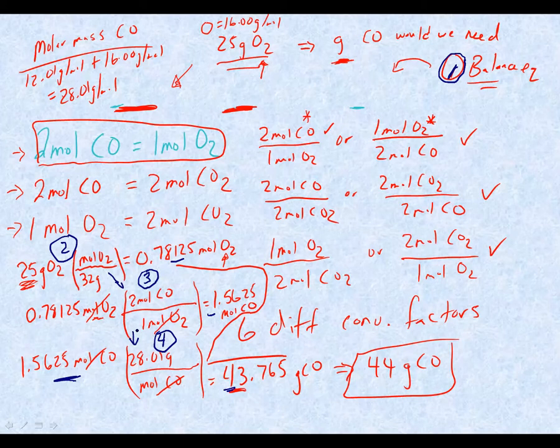So much like a normal conversion problem, you could either do it step by step like I just did there on the board and get an answer after each part of the calculation, or you can combine all those calculations together and do it in one big calculation, obviously showing all the steps, and you could get the same answer. What that basically means is in this reaction, if we threw in 25 grams of O2, we would also have to put in there basically 44 grams of CO to get this reaction to occur correctly. Any questions on any of those steps?